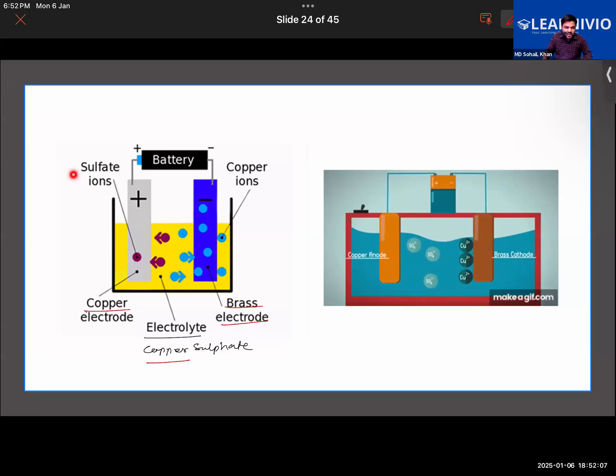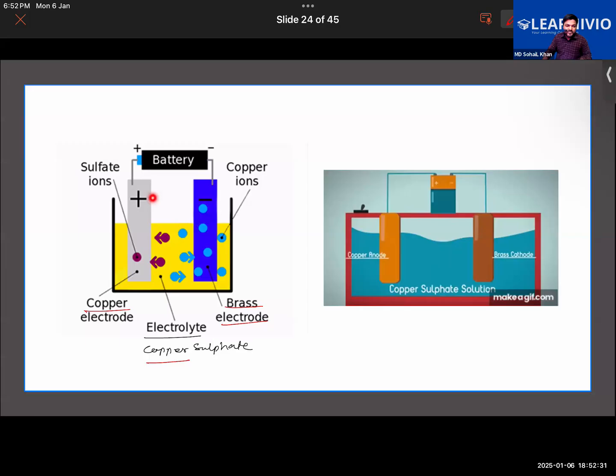Another thing is how do we decide which one is going to be the anode and which one the cathode? Yes, Khadija, how do we decide that this copper electrode will become the anode? By connecting it to the positive terminal of the battery, it will become the anode.